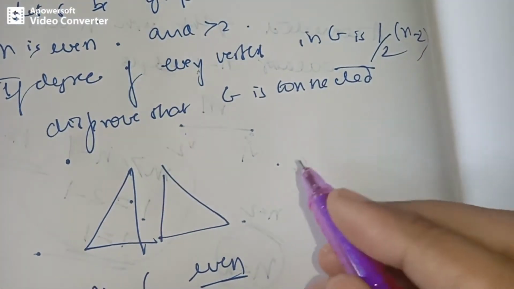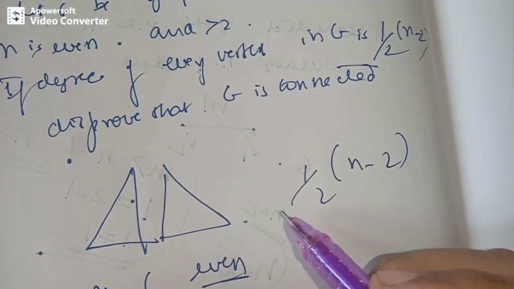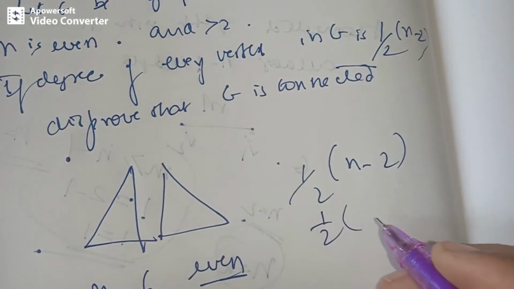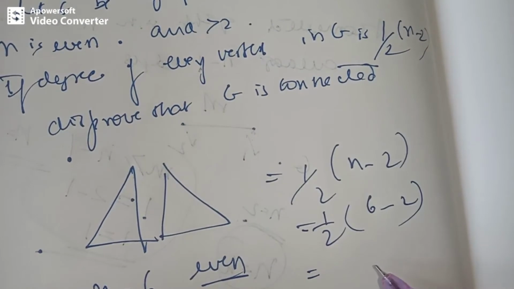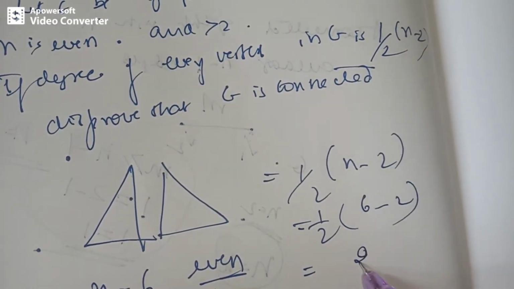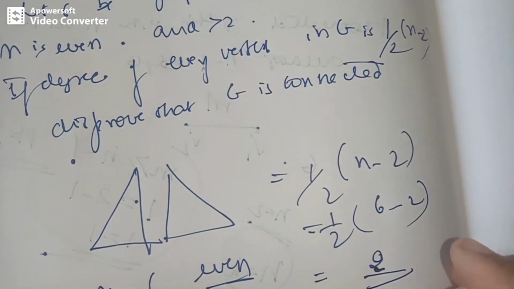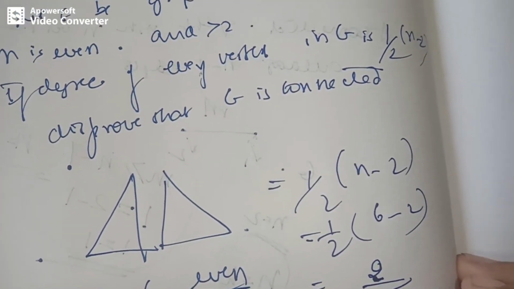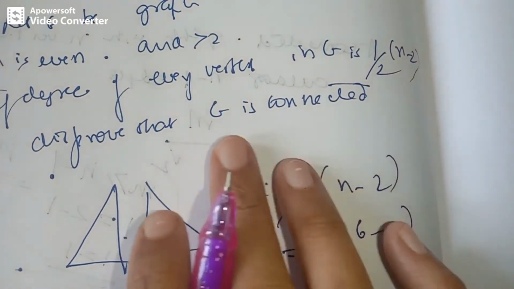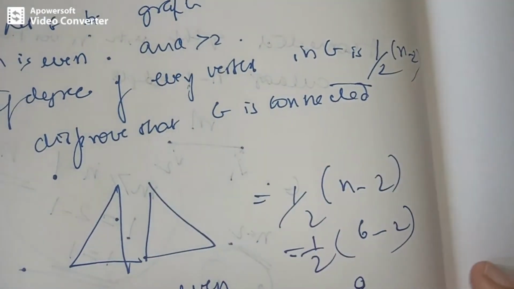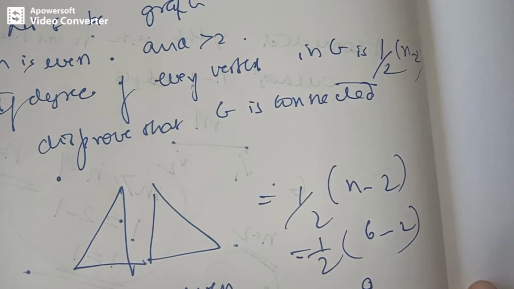If the degree of every vertex is given to be n/2 − 2, what is this value? According to this graph, the degree of every vertex will be 6/2 − 2, which is nothing but 2. So since we have shown that the degree of every vertex is n/2 − 2, we are going to disprove that G is connected. So clearly the graph has to be disconnected. So this is the proof.